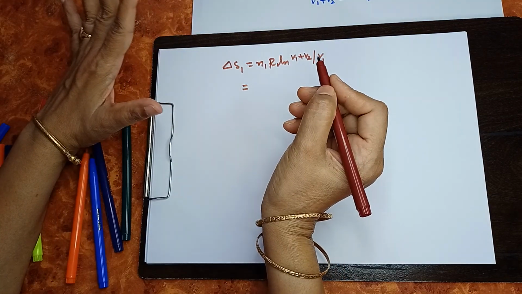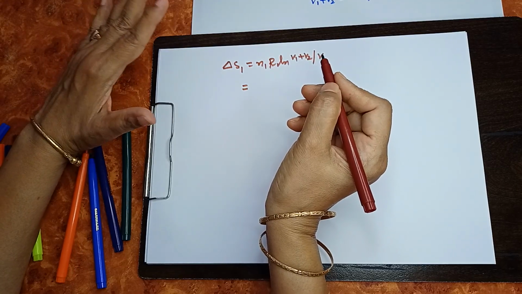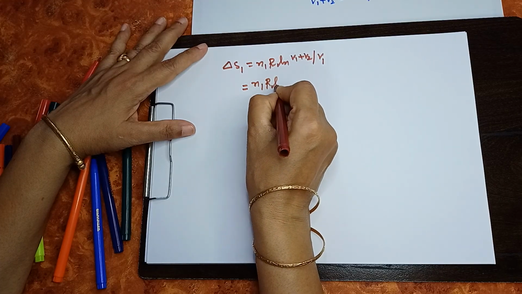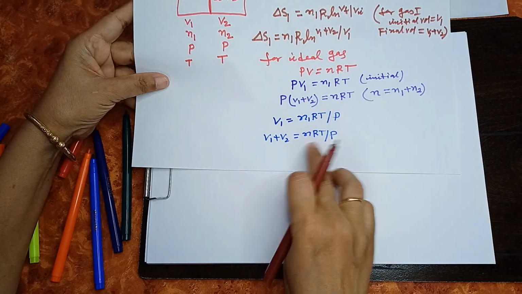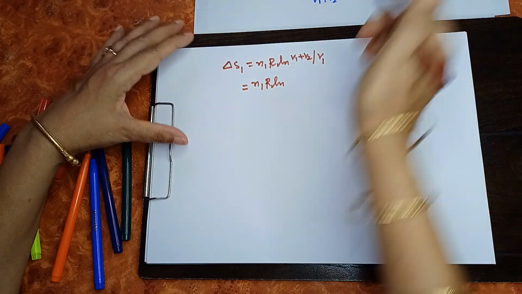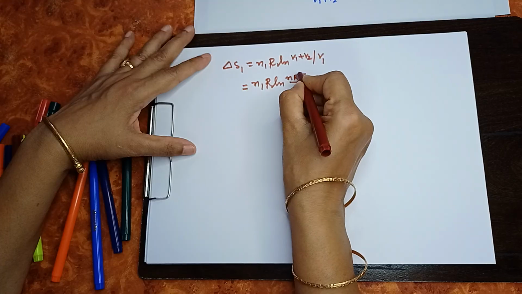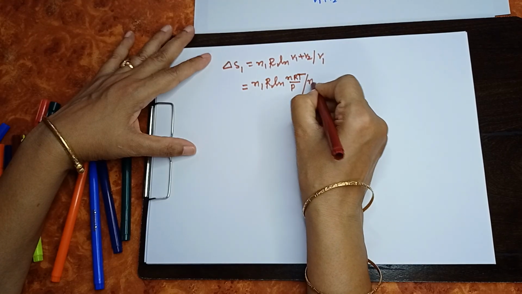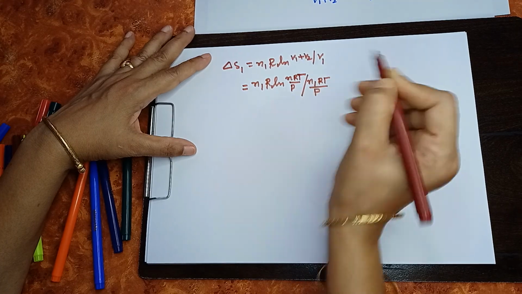So I have to put V1 plus V2 is equal to nRT by P. So N1 R ln, as just now we have derived, nRT by P, and V1 will be N1 RT by P. So it is nRT by P divided by N1 RT by P.